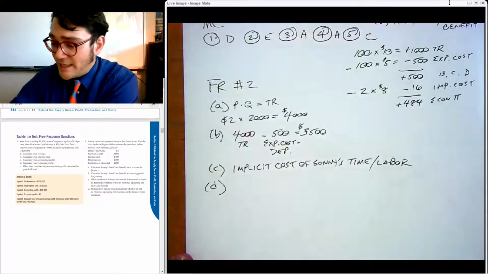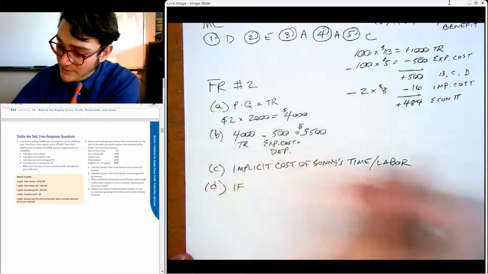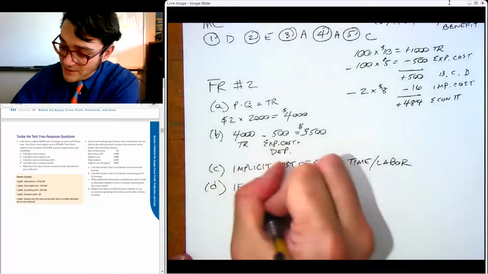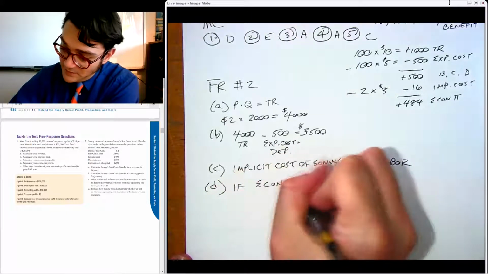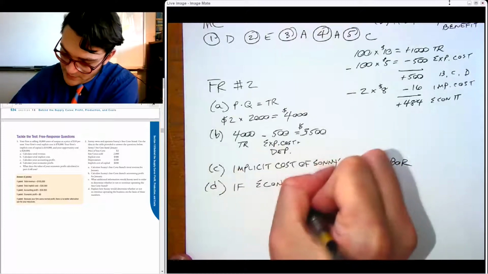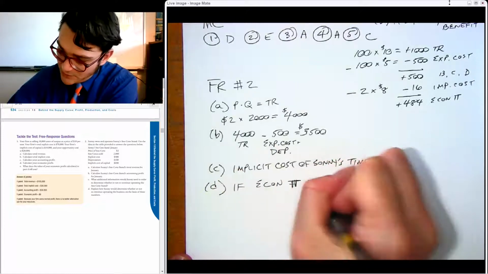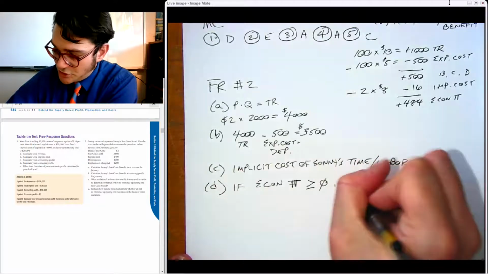And then D says, explain how Sunny would determine whether or not to continue on the basis of these numbers. Well, if the economic profit is greater than or equal to 0, she should continue.